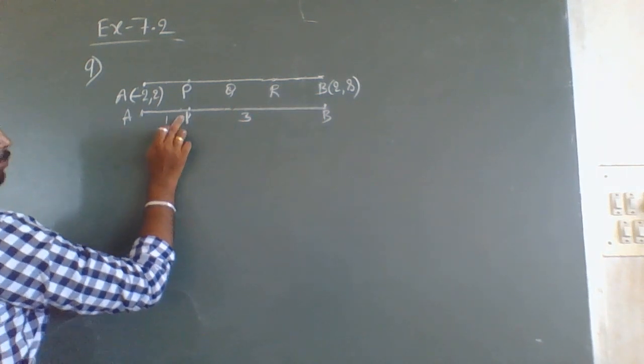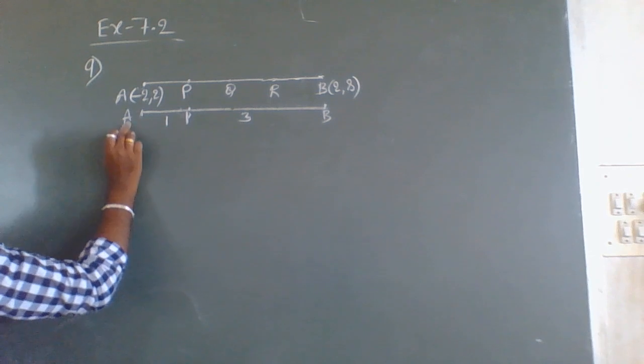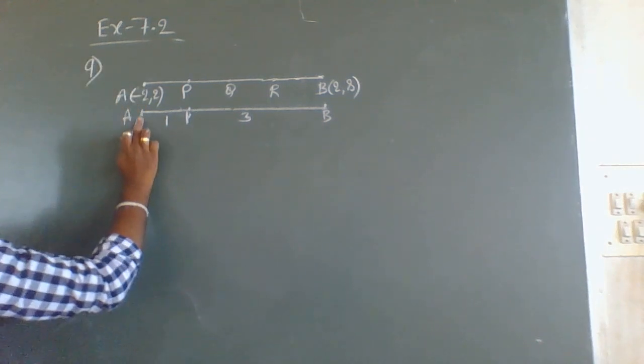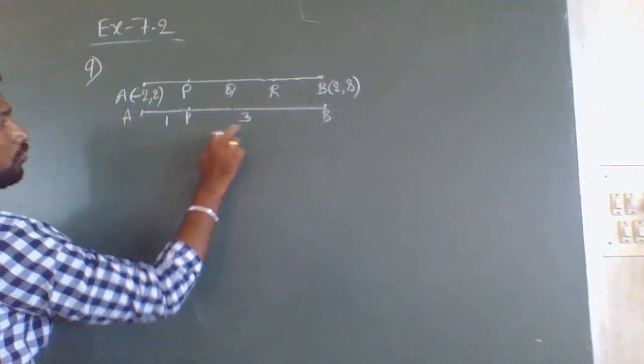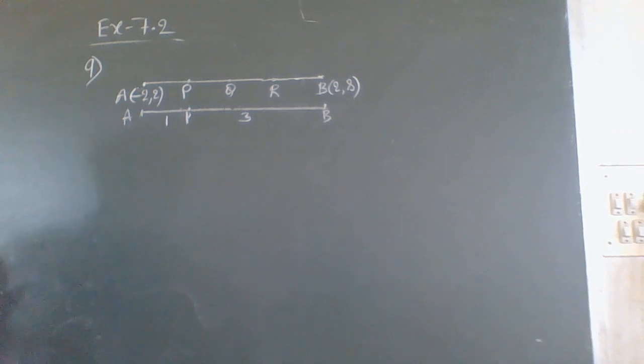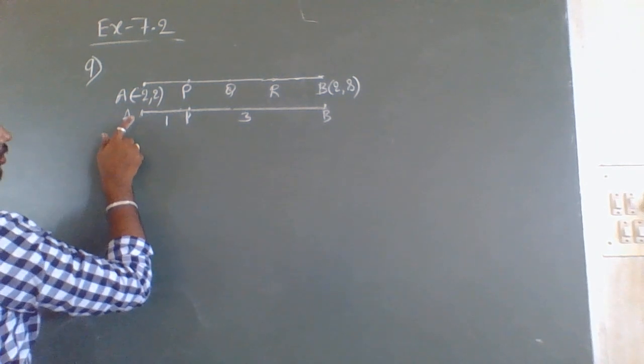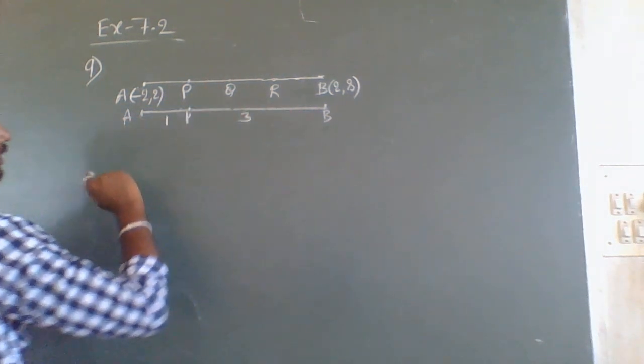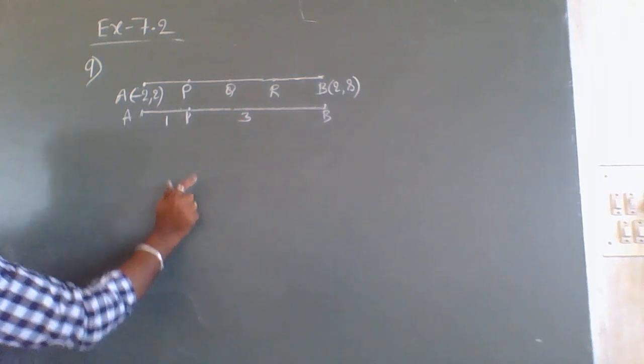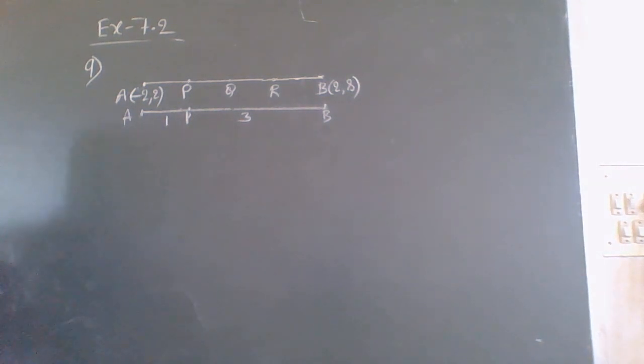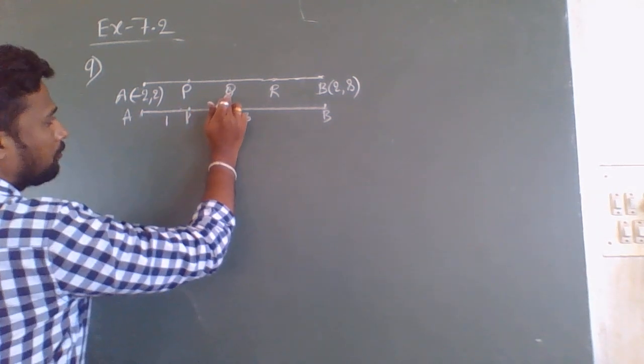So point P is dividing line segment AB in the ratio 1:3, and they have given the coordinates of points A and B, and these are the m1 and m2 values. By using this we can calculate the coordinates of point P. Like this only.